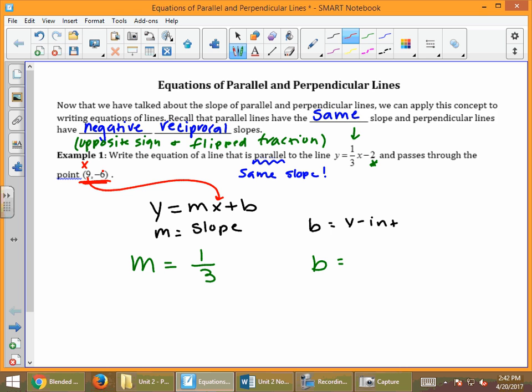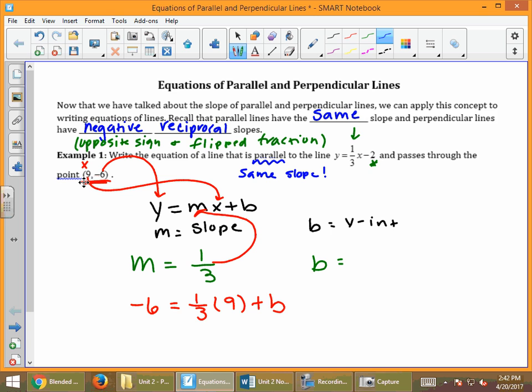You're going to take -6, plug it in for y, and you're going to take your slope and plug it in for m. Okay, so it's going to look like this. So -6 is equal to 1/3 times 9 plus b. So by plugging in your slope, by plugging in your point, you just made b the only variable in that equation. Well, we can easily solve for b.